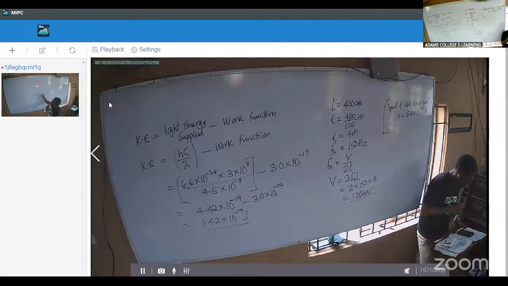An object is placed at a distance x from a converging lens of focal length 20 centimeters. Full stop.